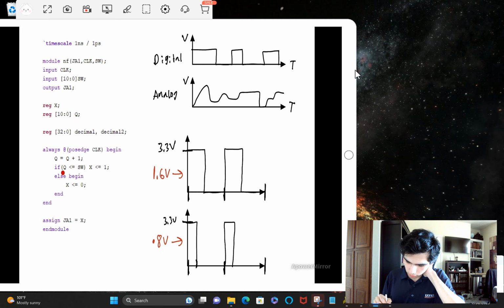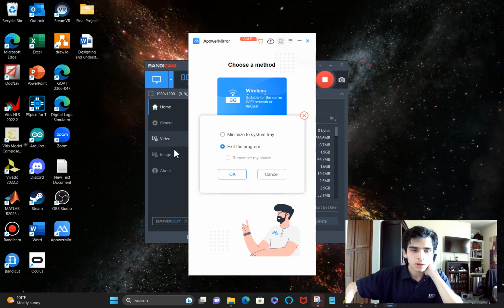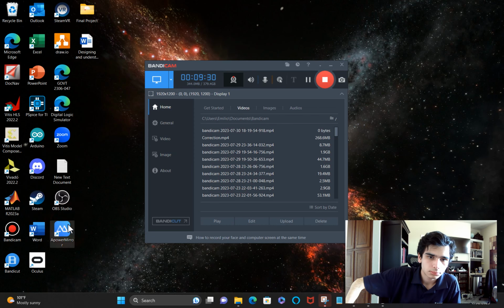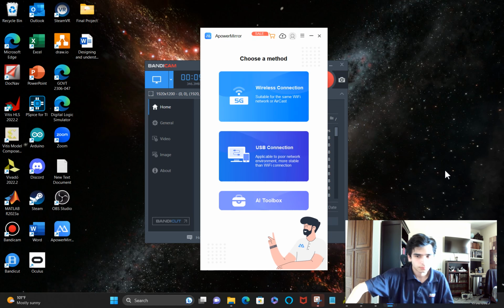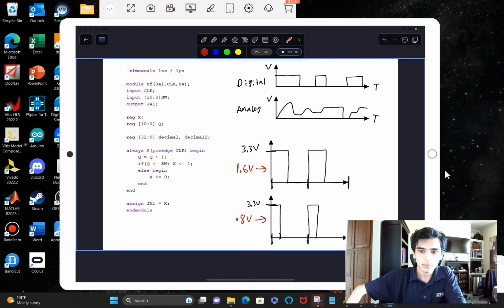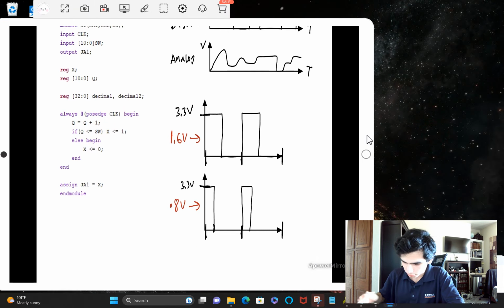Whenever Q is less than or equal to the binary value we put on the switch, X is going to be equal to 1.